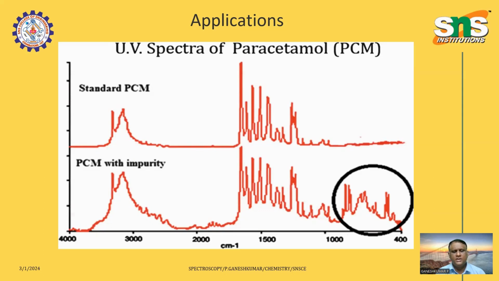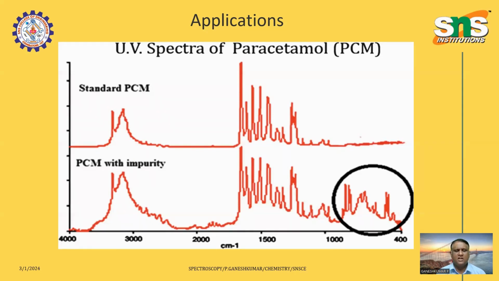You see, after 1000 nanometers, near to 1000 or after 1000, in the pure paracetamol there is almost a straight line, but in the impurity sample, several absorption peaks are available.